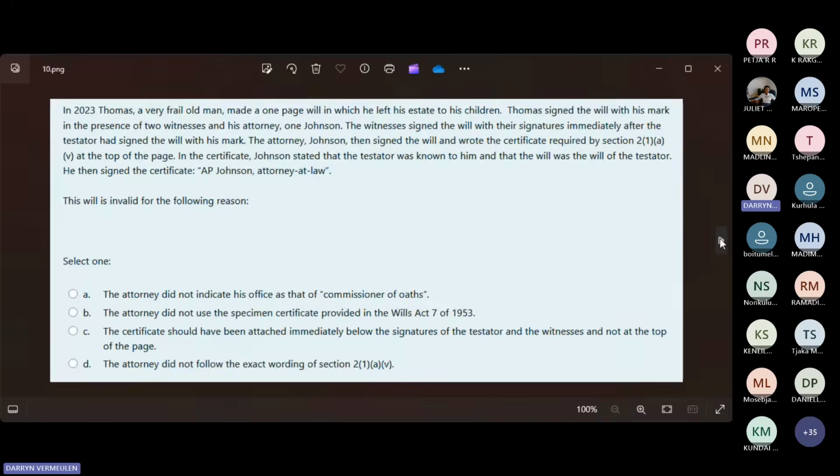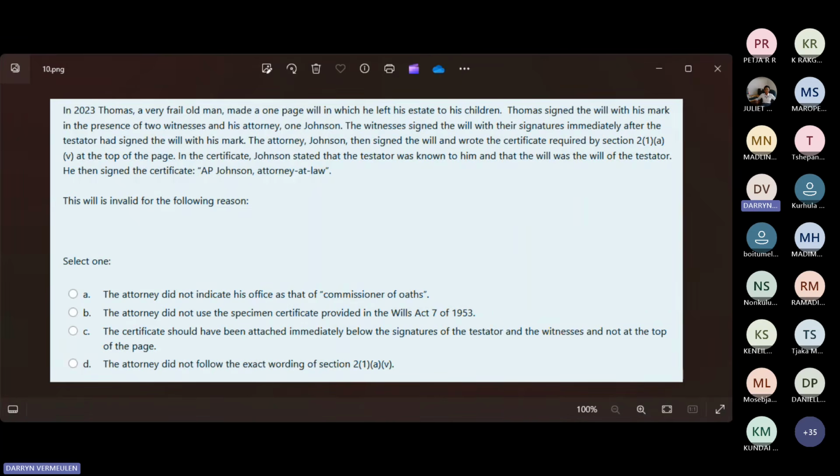Let's go to the next one. Oh, interesting. Right, so in 2023, Thomas, a very frail old man, made a 1-page will in which he left his estate to his children. Thomas signed the will with his mark in the presence of 2 witnesses and his attorney, one Johnson. The witnesses signed the will with their signatures immediately after the testator had signed the will with his mark.